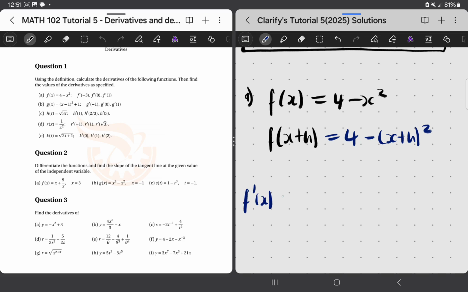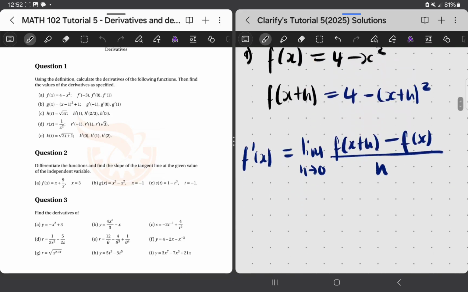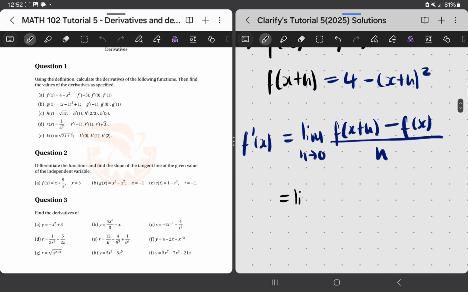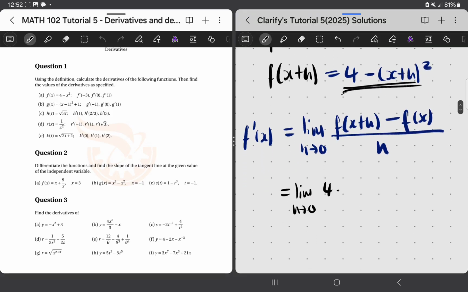So we'll now say f dash x will be equal to the limit of f of x plus h minus f of x all over h. So what is this going to be equal to? The limit as h goes to 0 of, what is f of x plus h? It is 4 minus x plus h squared.